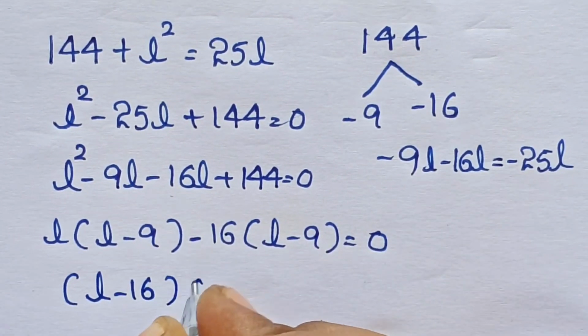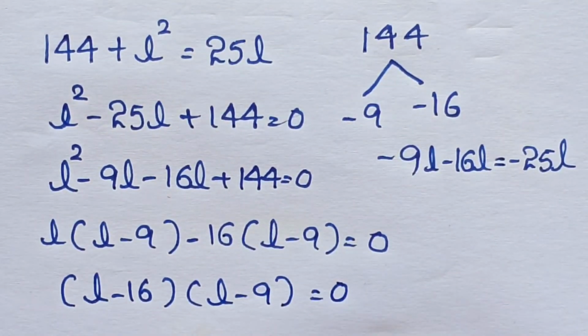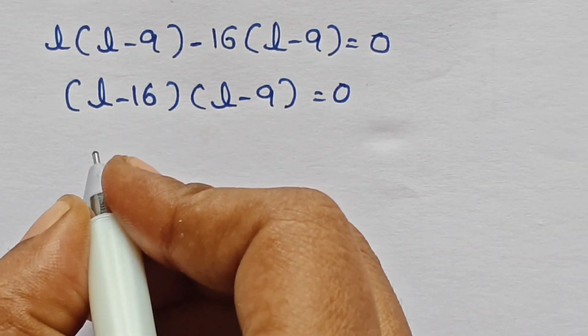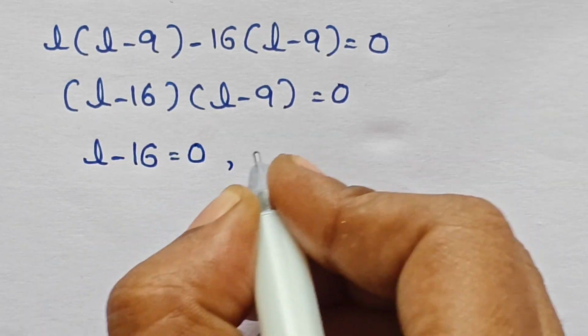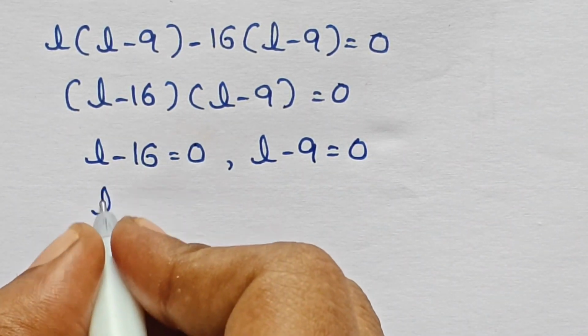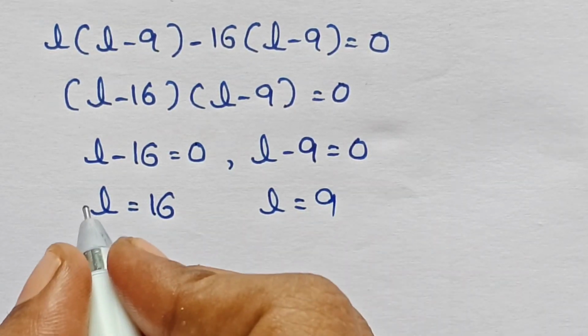(L minus 16) into (L minus 9) is equal to 0. L minus 16 is equal to 0, L minus 9 is equal to 0. L is equal to 16, L is equal to 9.